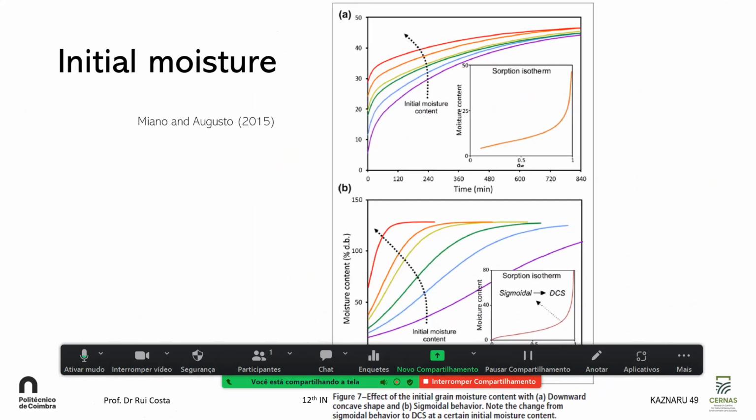If the initial moisture is higher, these curves are affected. For example, we can have a sigmoidal curve for a very low initial water content of the pulse, but if the water content of the pulse increases before hydration, you may see this first lag phase disappear and only have the downward concave shape.